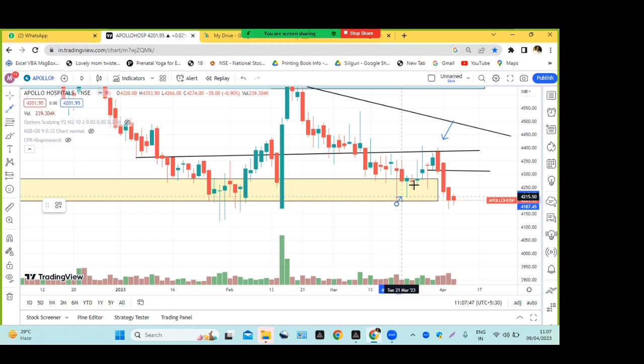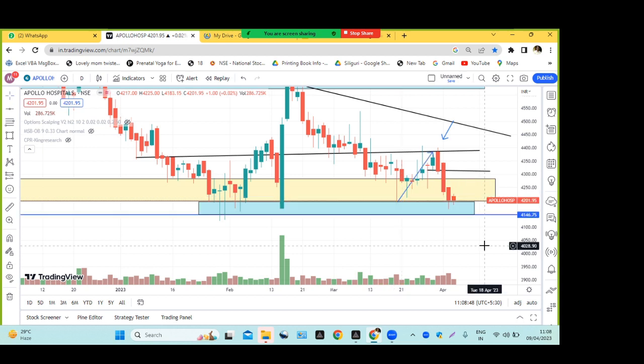Am I correct or am I wrong? These are the stop losses of all these wicks or these buyers, and they are going to hit their stop loss anyhow if this breaks. So there is a very high probability. High probability. Or it may not go also.